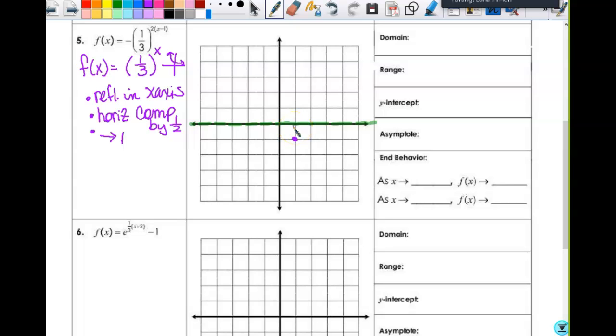Horizontal compression by 1/2, so my x value gets divided in half, and then I move to the right 1, and I'm right here. For my parent function, when x is negative 1, y would be 3. I would reflect in the x-axis, horizontal compression by 1/2, and then move to the right 1. It looks like this.